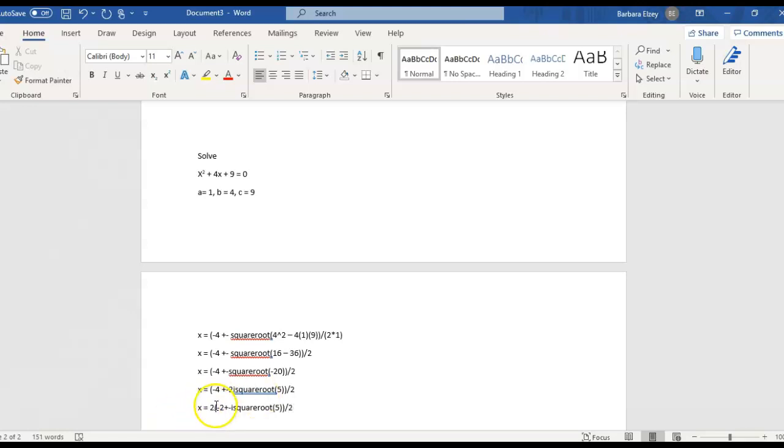And now I can cancel this 2 with the 2 in the bottom, and the final answer is negative 2 plus and minus i square root of 5. And of course it has to capitalize that i on us, doesn't it? And there we have it.